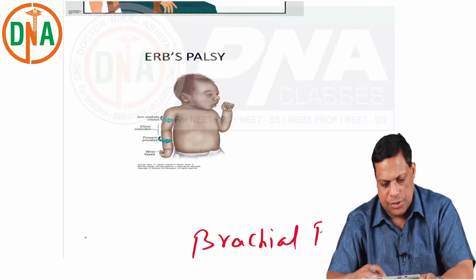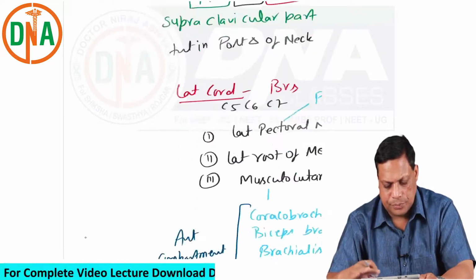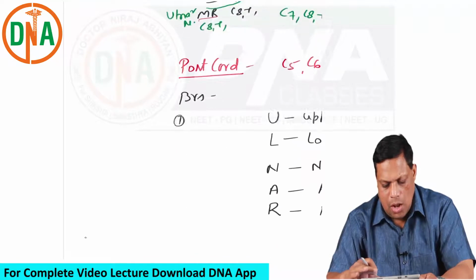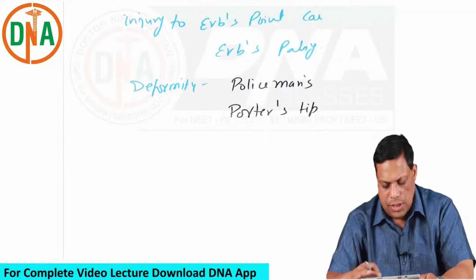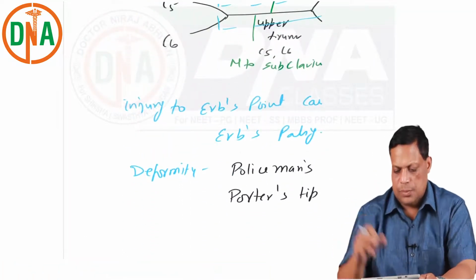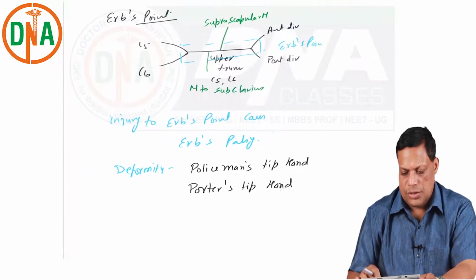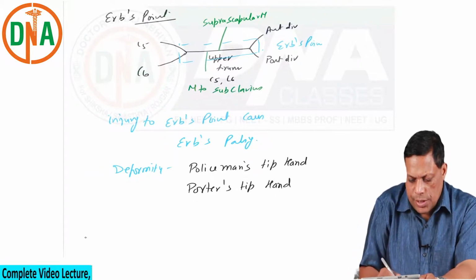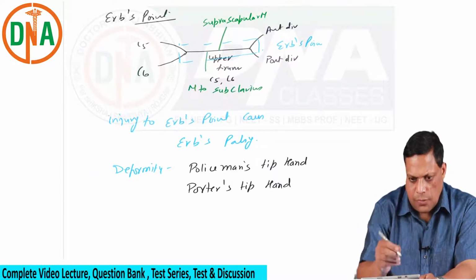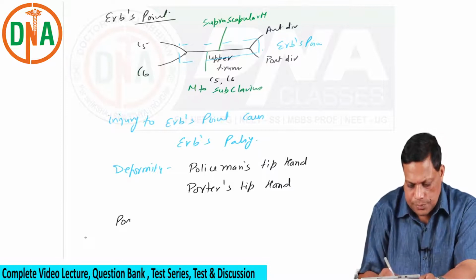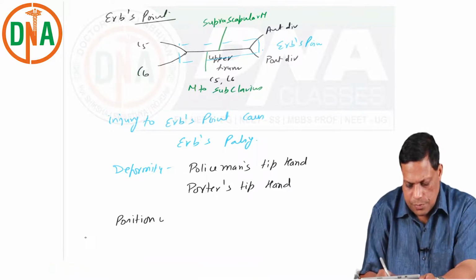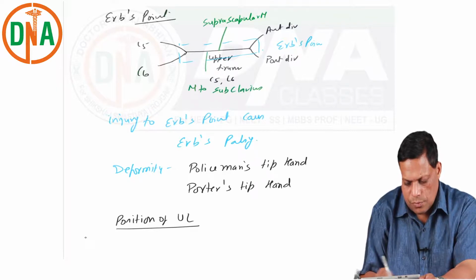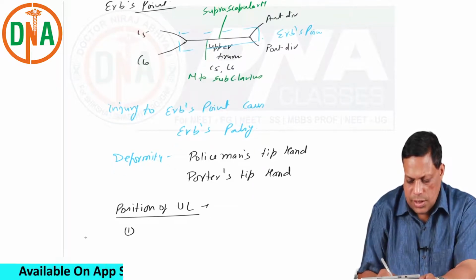I will write these deformities. This is the position of upper limb. This is number 1.